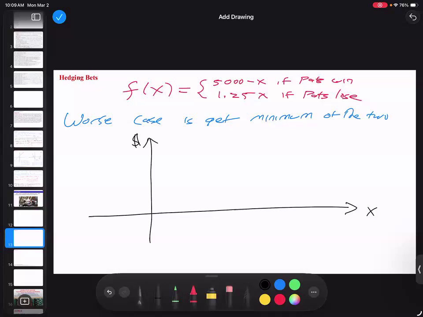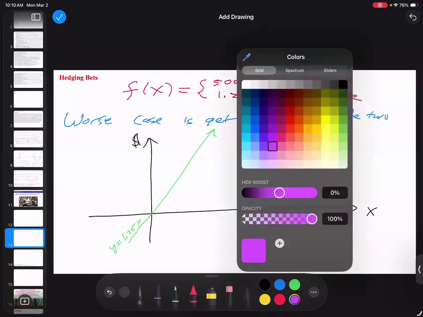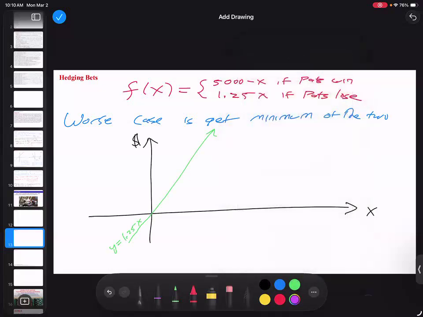So how would you plot the minimum of two things like this? I would just plot it as two lines. The first line, y equals 1.25x, would be a little bit steep like this. So this is y equals 1.25x. And what's the next one? The next one is 5,000 minus x. It starts at 5,000 and then comes down like this.